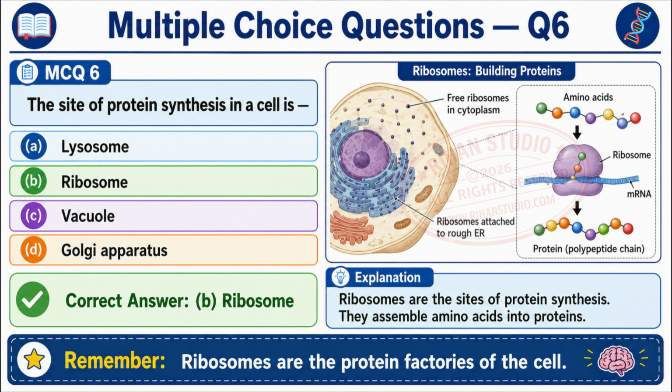6. The site of protein synthesis in a cell is A. lysosome, B. ribosome, C. vacuole, D. Golgi apparatus? Answer: B, ribosome. 7.